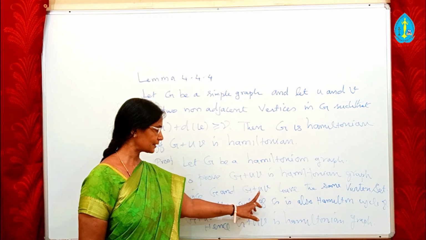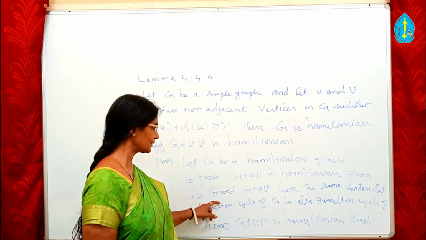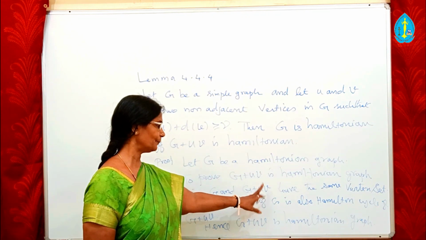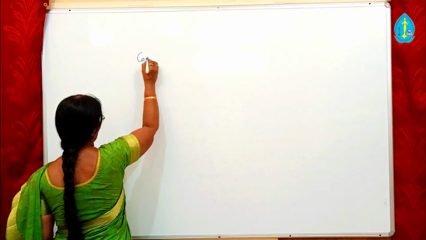The Hamiltonian cycle containing all the vertices of G is also a Hamiltonian cycle of G plus UV. Hence, G plus UV is a Hamiltonian graph.